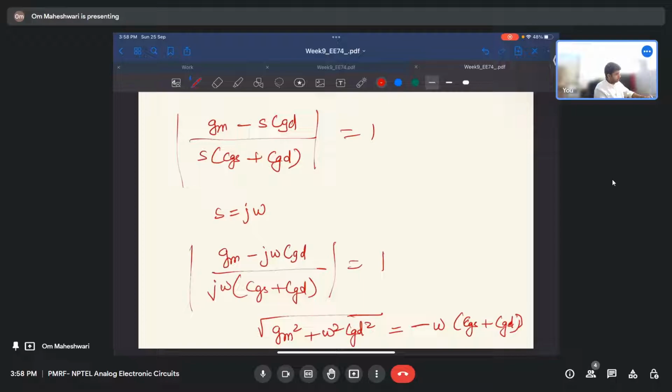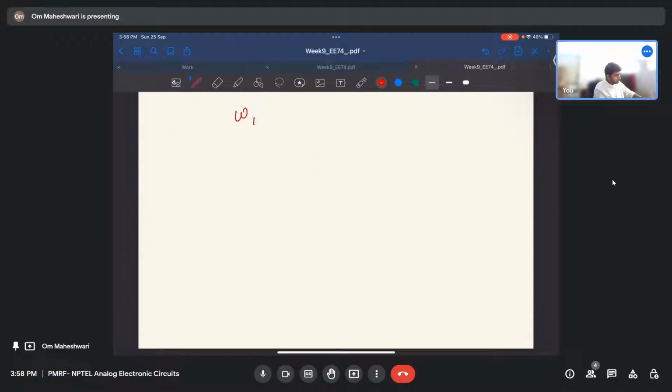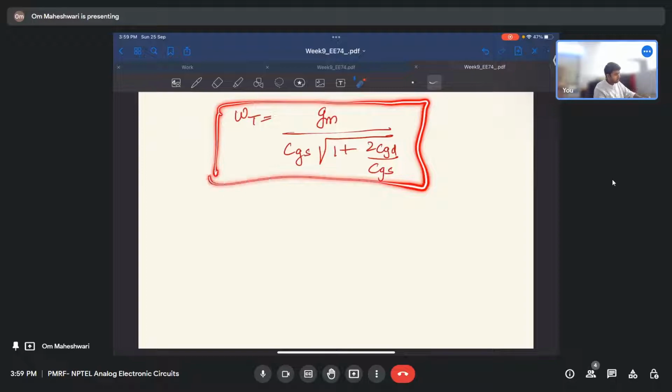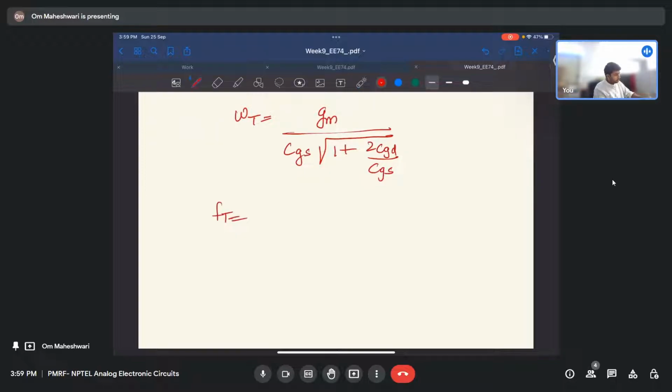So this we will get by taking mod, then take the whole square again and solve for omega. So you will get omega t as, let me write it directly, Gm by CGS under root of 1 plus 2 CGD by CGS. This is the omega t frequency, and Ft is simply omega t upon 2 pi.